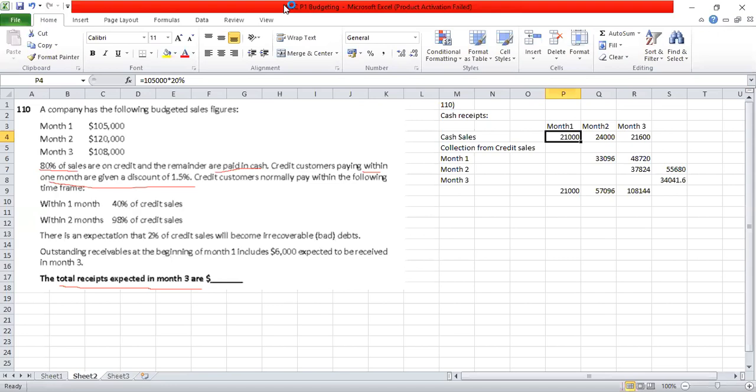Outstanding receivables at the beginning of month 1 include 6,000 expected to be received during month 3. So apart from all these things, we also see that there is another cash collection from some outstanding receivables. So let's take it as outstanding receivables. This will be 6,000.